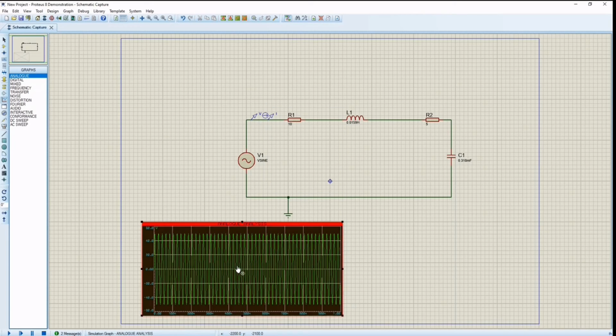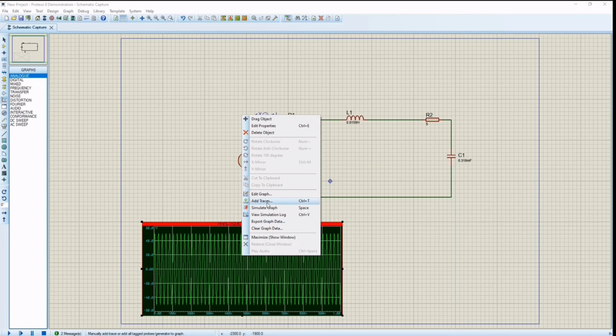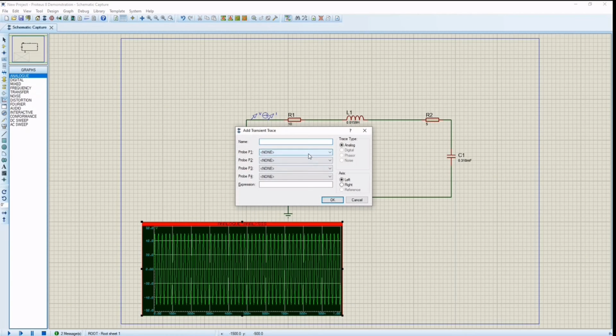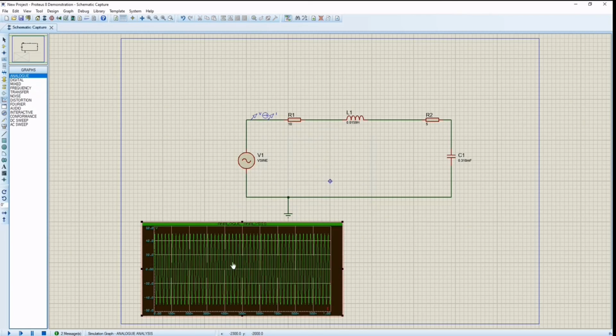And after that, we add one more trace, and this time is for the current, but we edit the axis to the right axis, and we simulate it again, and we can see the graph here, but it is so difficult to see, and we can edit it.